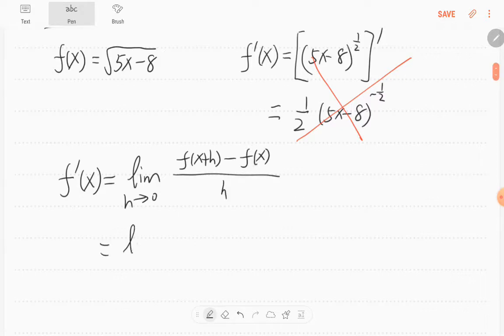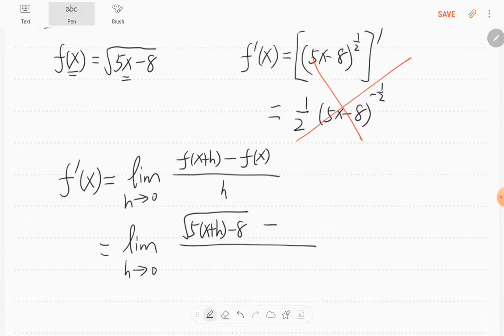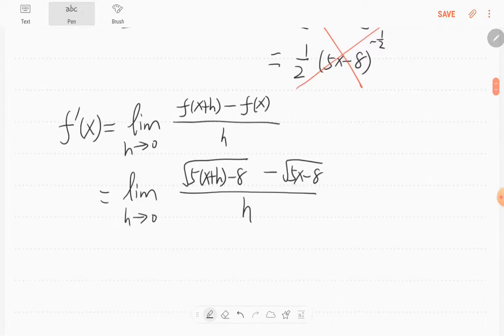If you plug in, you replace x with x plus h, so this is the square root of 5(x plus h) minus 8, minus the square root of 5x minus 8, over h. If you plug in h equals 0, you will get 0 over 0.